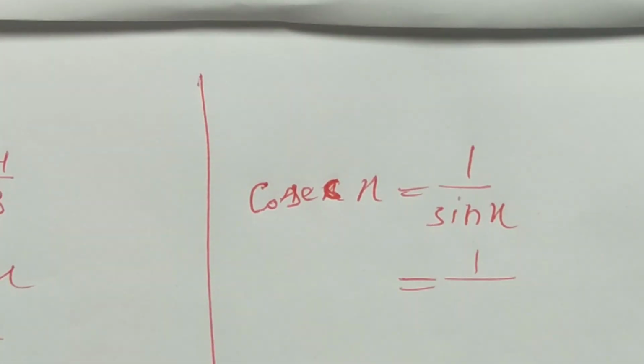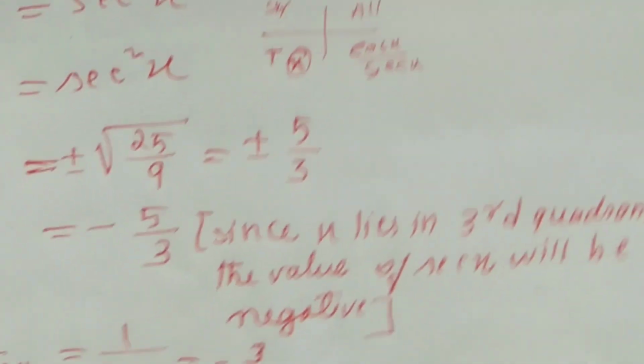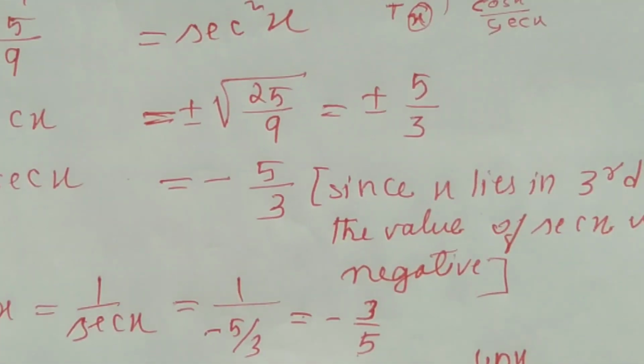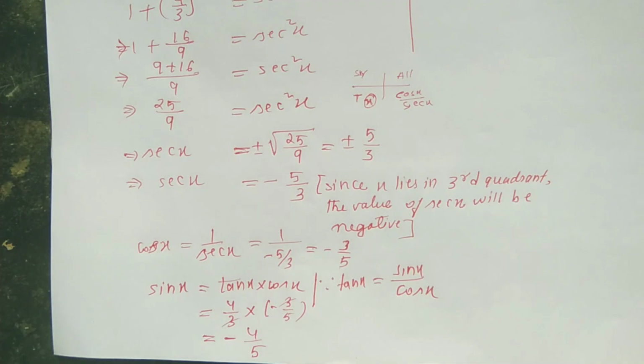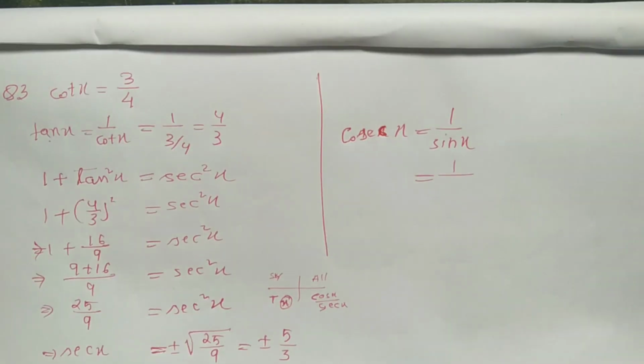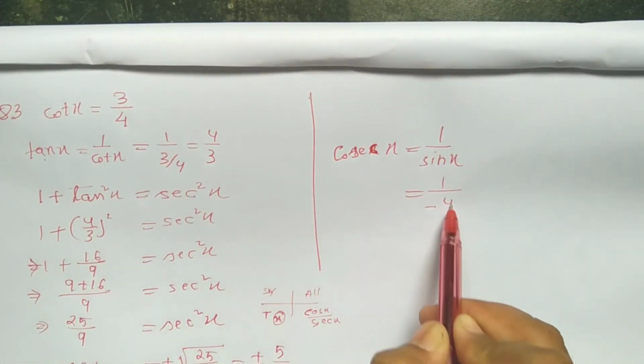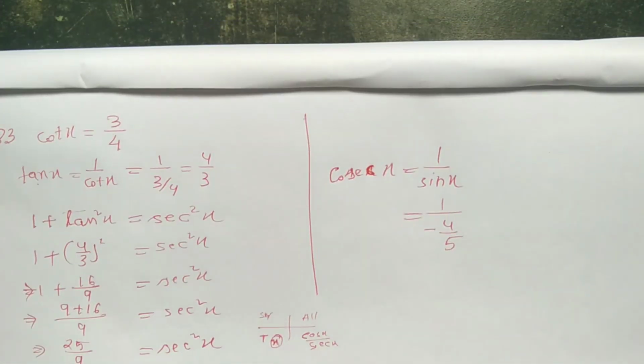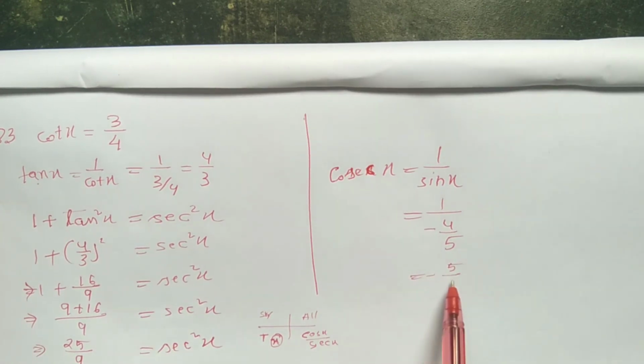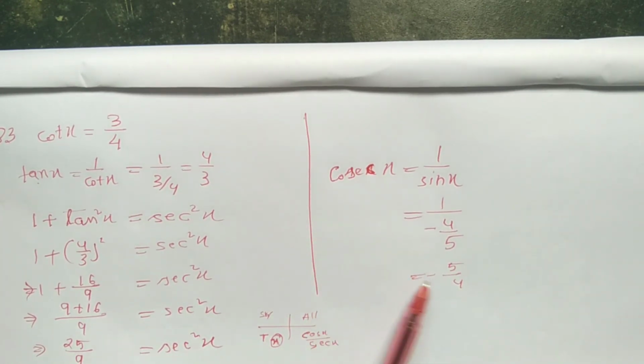Now put the value of sin x that we just calculated. Sin x equals minus 4 by 5. Now we put sin x equals minus 4 by 5 here. This equals minus 5 by 4. So cosec x equals how much? We got minus 5 by 4.